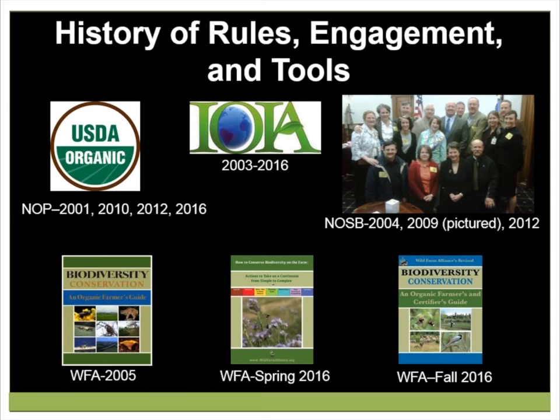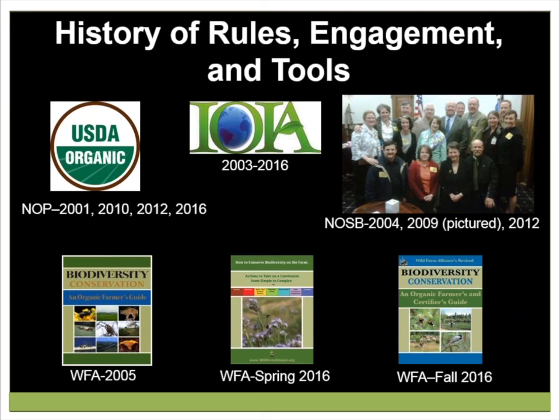First, I wanted to give a little background on the NOP regulations and engagement and tools that help interpret that guidance. Back at the end of 2001, the NOP regulations were published. And in 2003, IOIA, the International Organic Inspectors Association, came to us asking if we might help them with training inspectors on the biodiversity conservation elements of the regulation.